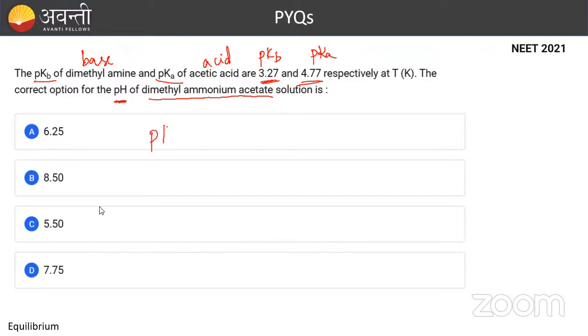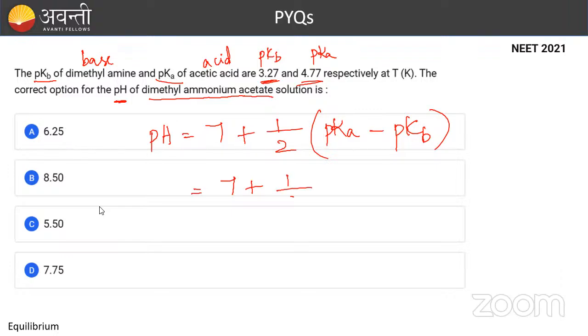This can be calculated using the formula 7 plus 1 by 2 of pKa minus pKb. This is the formula to find out the pH for a salt of a weak acid and weak base pair. So just substitute the values. 7 plus 1 by 2, pKa is 4.77 minus pKb is 3.27.